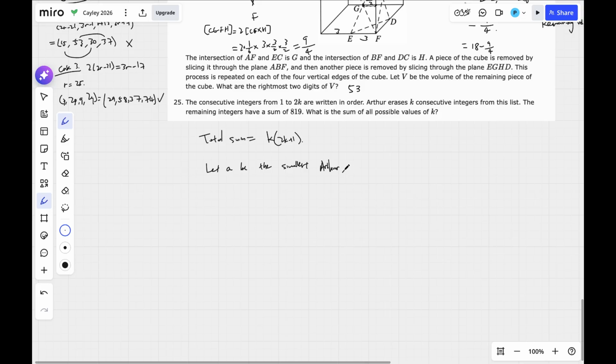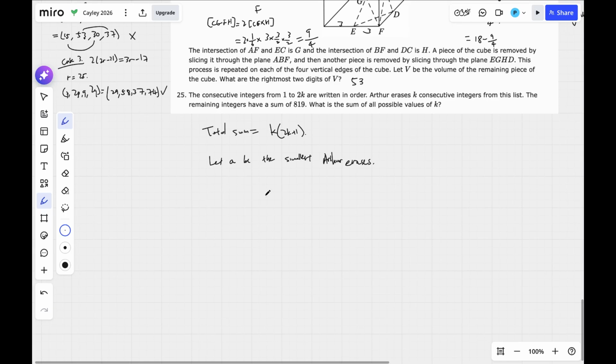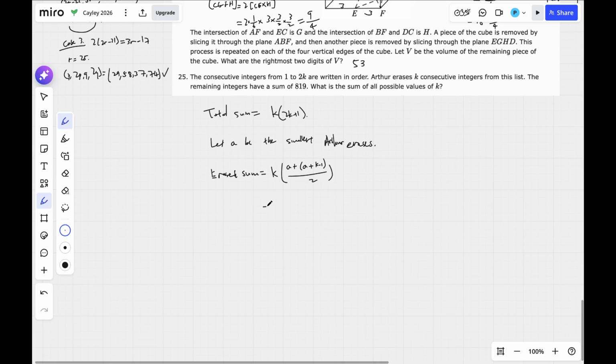So Arthur erases k consecutive integers. We don't know which ones, but let A be the smallest Arthur erases. By setting a variable, we can simplify our calculation. Now for the erased sum, we can use this formula again.